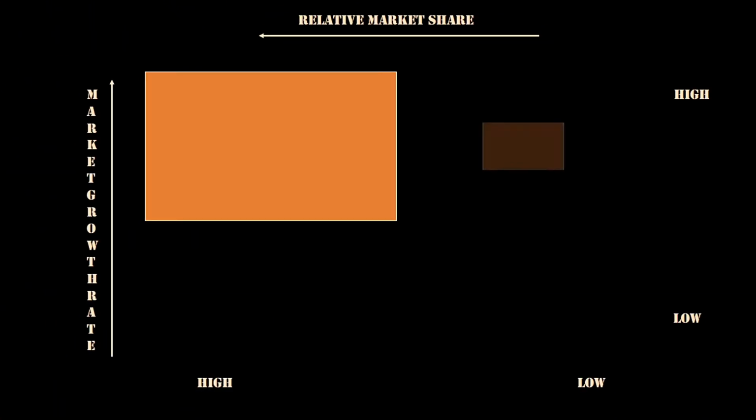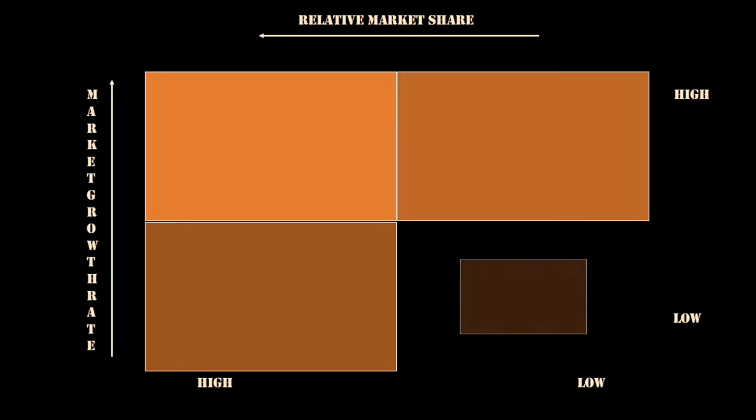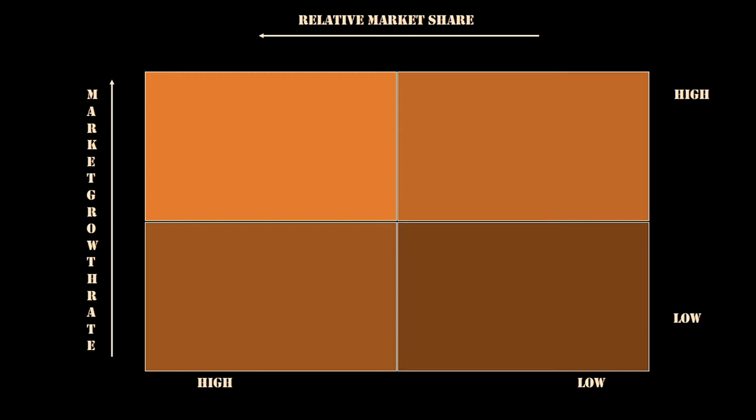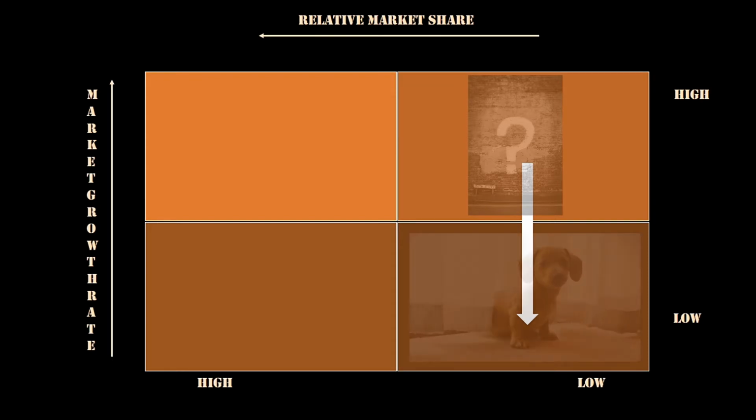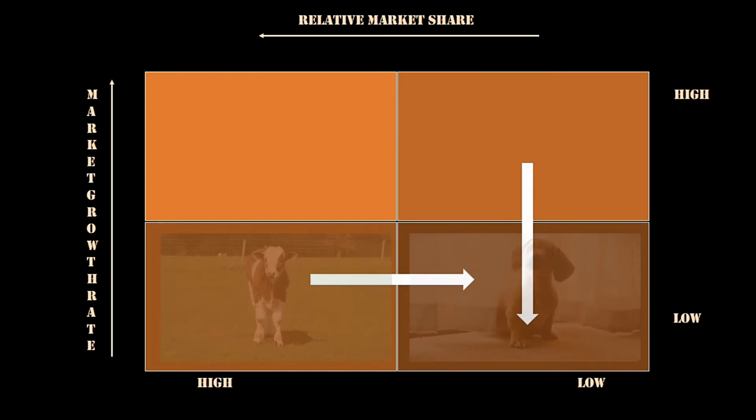With the best case scenario behind us, we also need to find out what the worst case scenario can be. We have to be aware of it so that we can avoid it. Well, you introduce a question mark into the market. It fails to become a star and turns into a dog. Then you invest money from your cash cow to turn the dog into a question mark again.